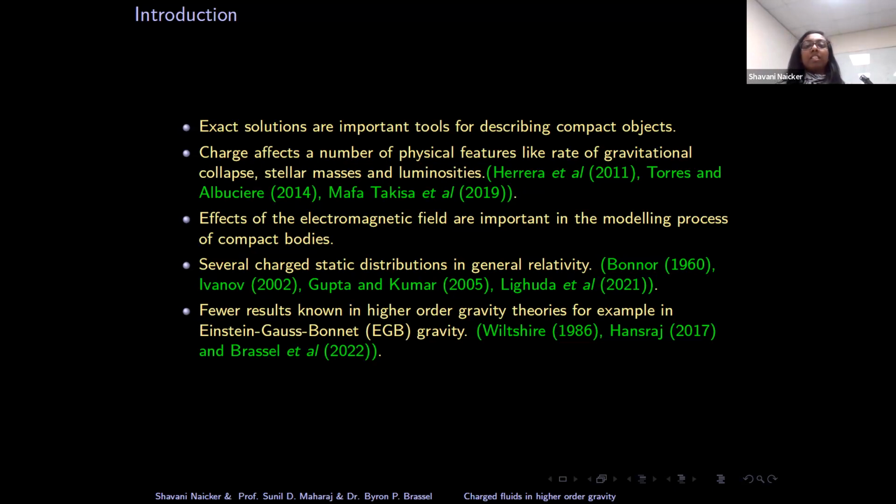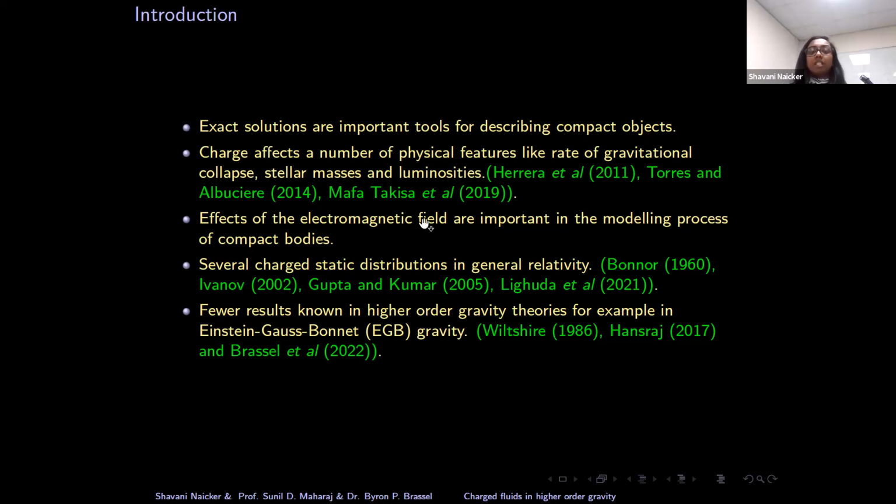Some treatments in this direction were considered by Herrera et al. 2011, Torres and Albuquerque 2014, and, more recently, Mafatikiza et al. 2019. Therefore, it's important to determine the effects of the electromagnetic field when modeling compact bodies.